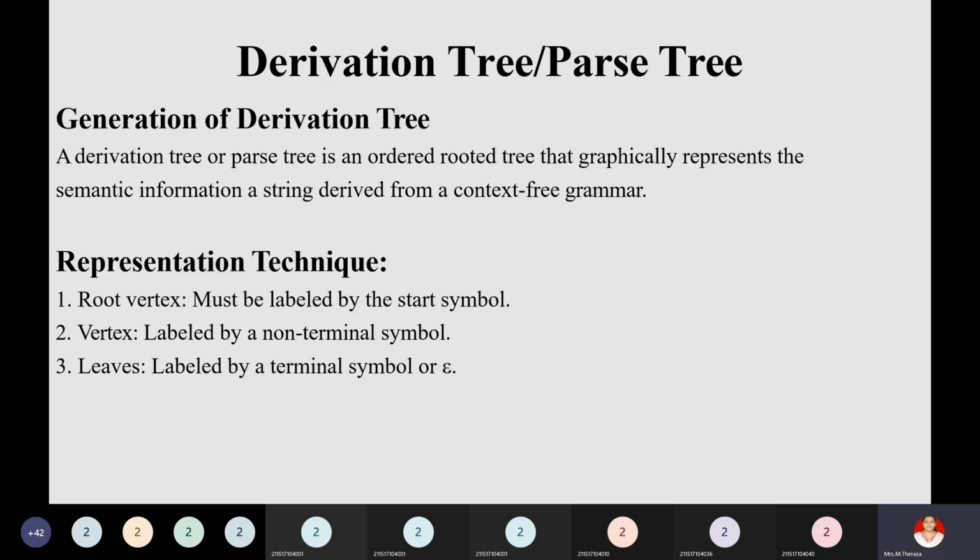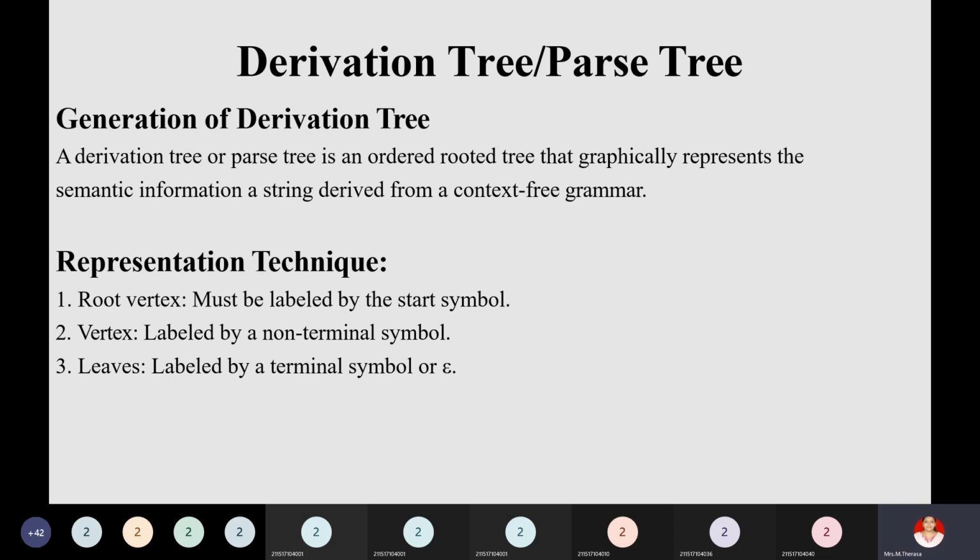Then we have learned about derivation tree or the parse tree. So derivation tree is an ordered rooted tree that graphically represents the semantic information of a string derived from a context-free grammar. For the derivation tree representation, we should follow this taxonomy.